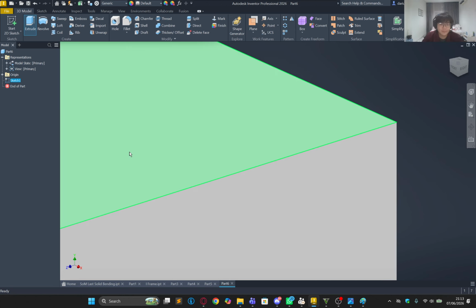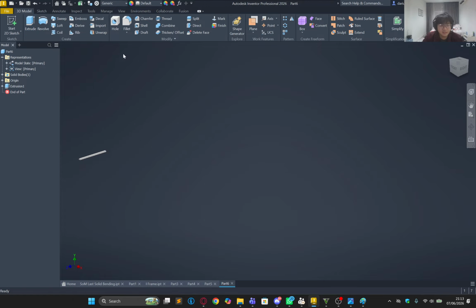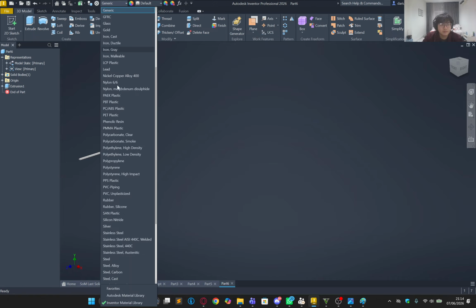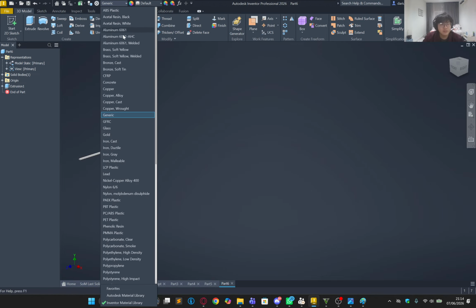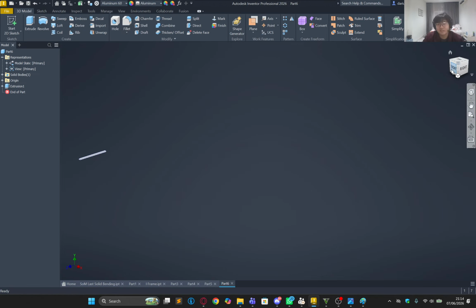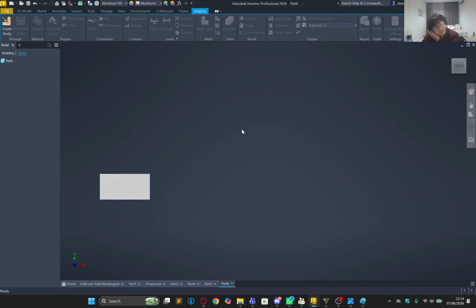So that is done. We go to aluminum, because, well, this is an example. You can use any material you want. And then we start the analysis.